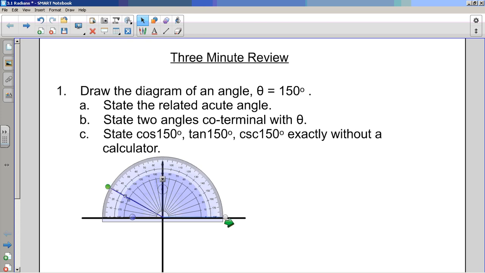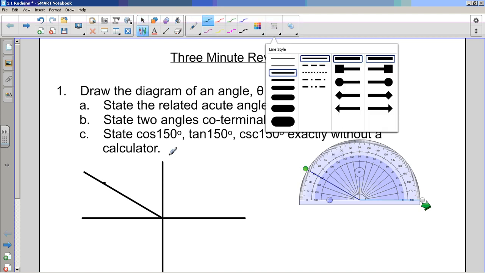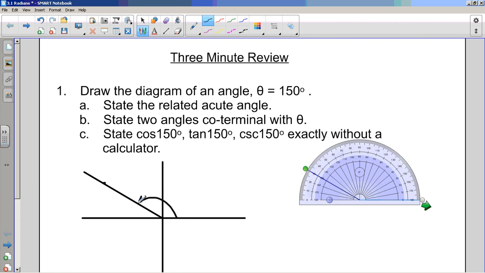I'm actually going to draw that in so I can get my protractor out of the way. There's the little dot where it's 150 degrees, and this rotation angle here is 150. So I'm going to call this theta equals 150 degrees. Okay, that's A.